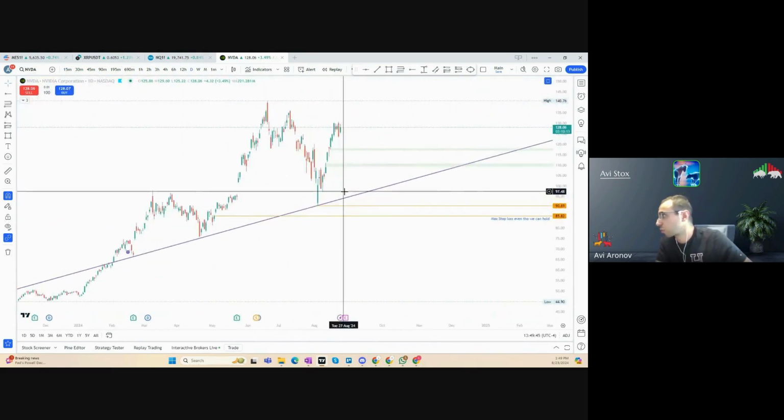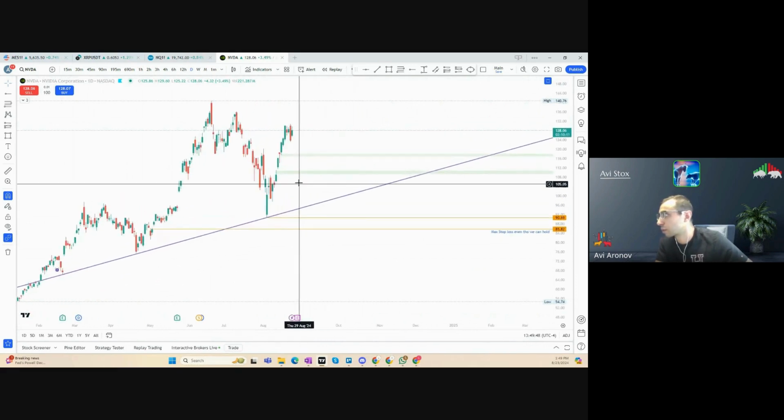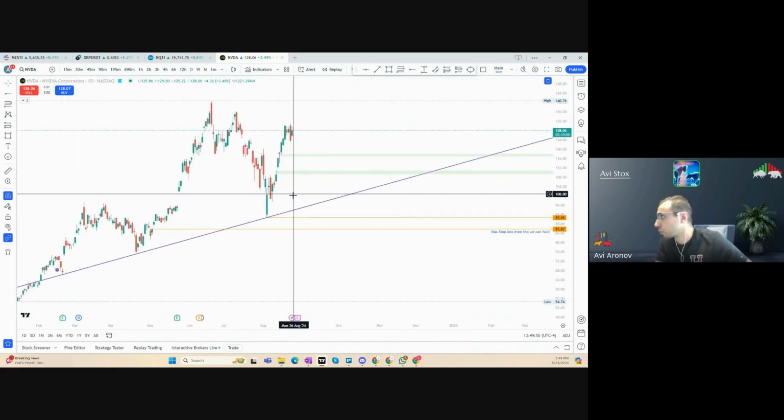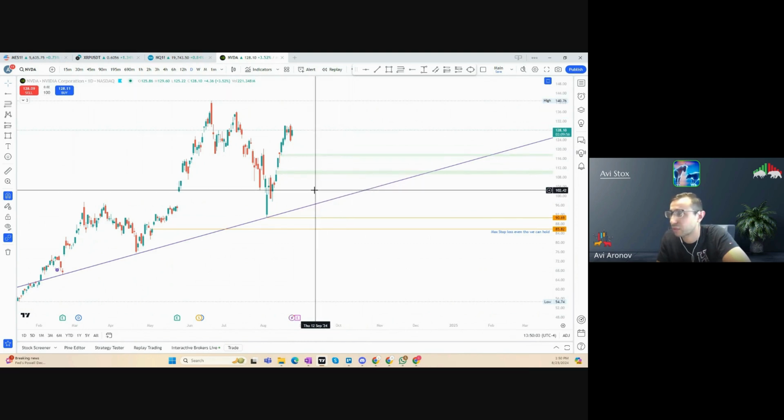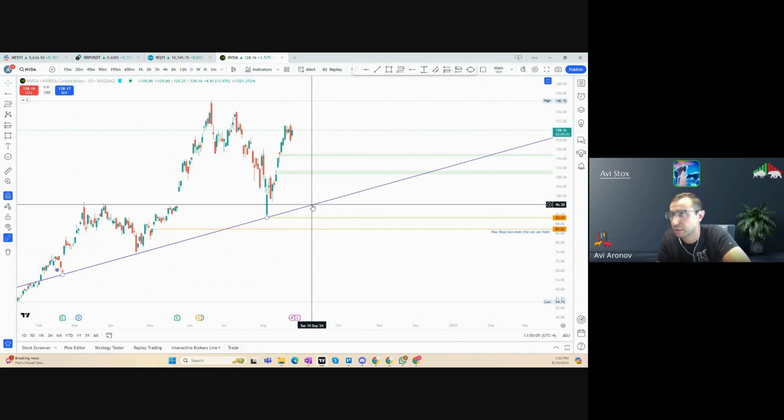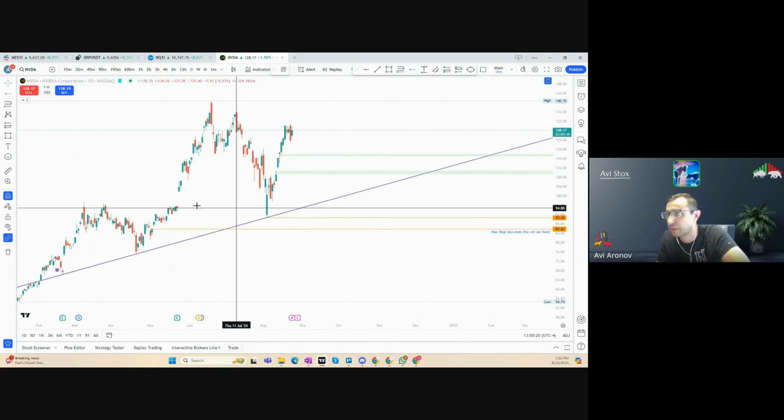Now, what we want to see, only one thing here, is the 100. We want to see the whole numbers, which are psychology numbers on the chart, and they tend to play as support and resistance. I'm looking at 95.